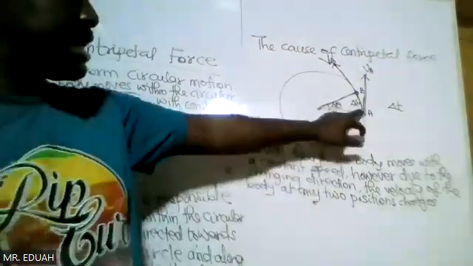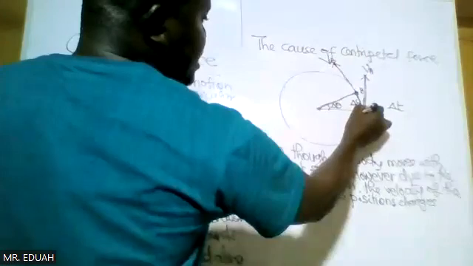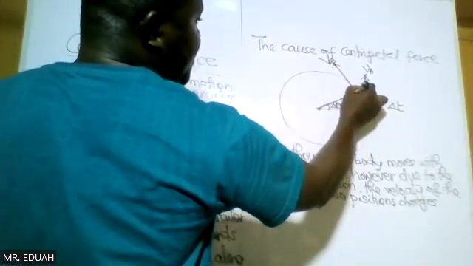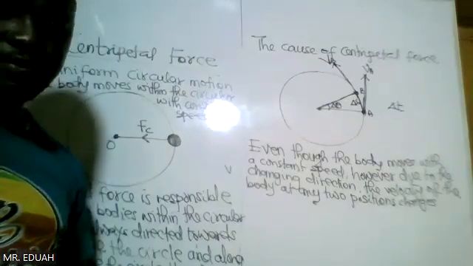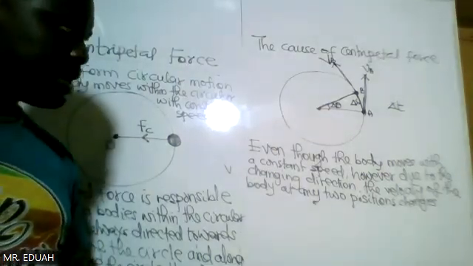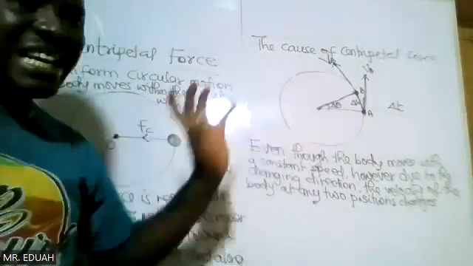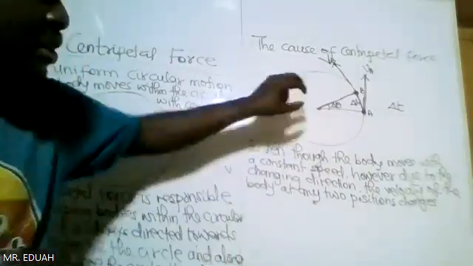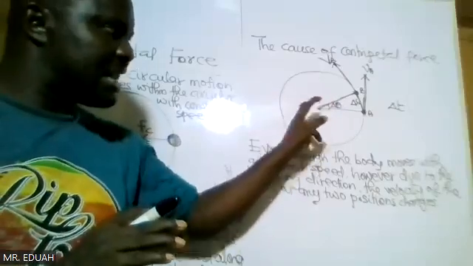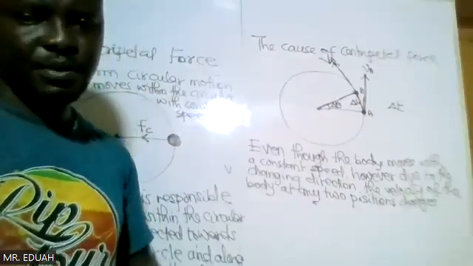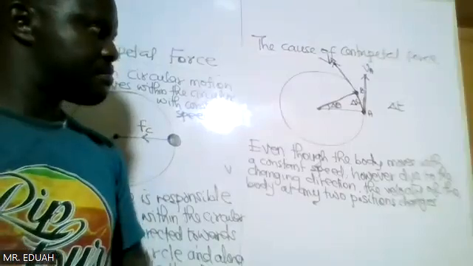So if it has a changing velocity at this point, definitely it would affect its angular velocity. All right. But over here, we are looking at what happens to the velocity as the direction changes. We are not talking about the angular velocity at the center. Okay.